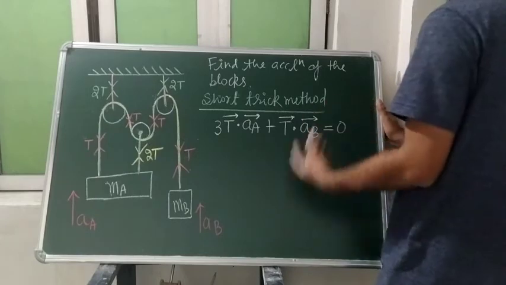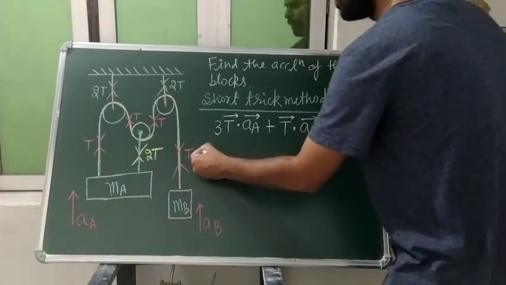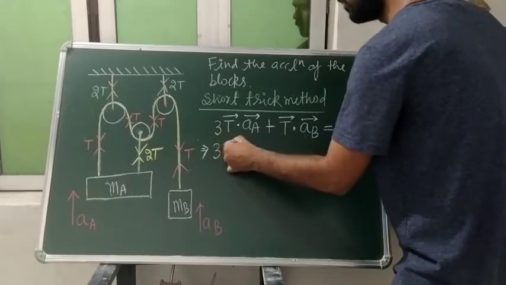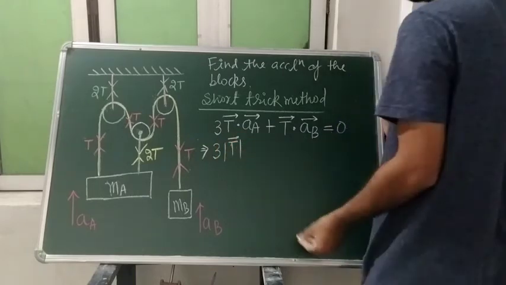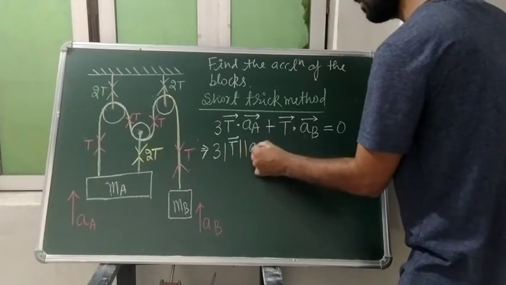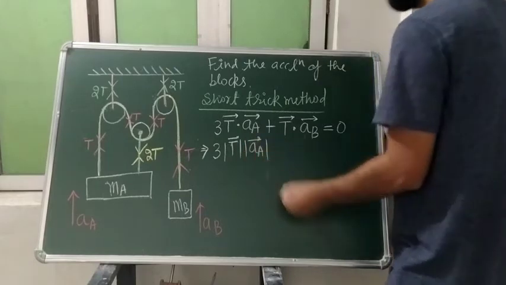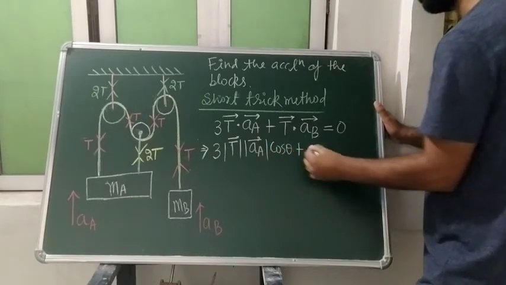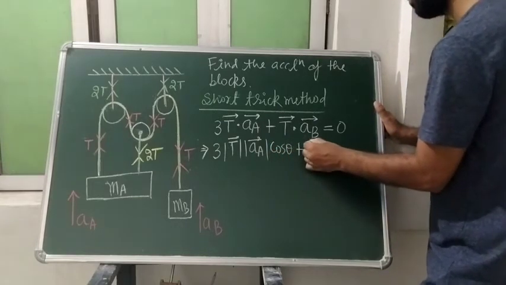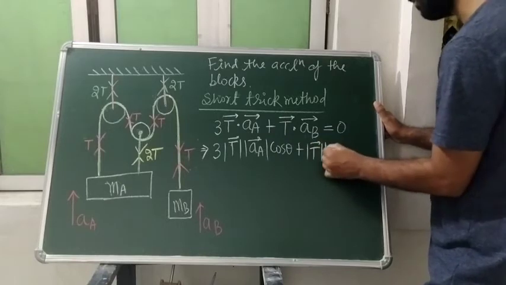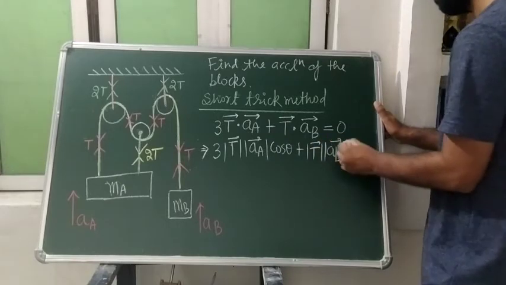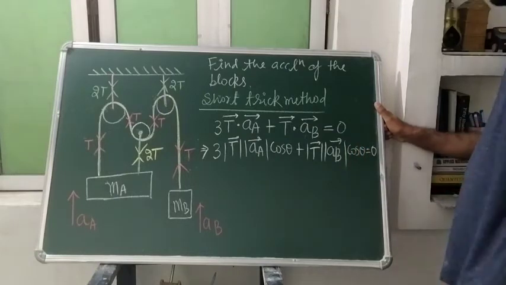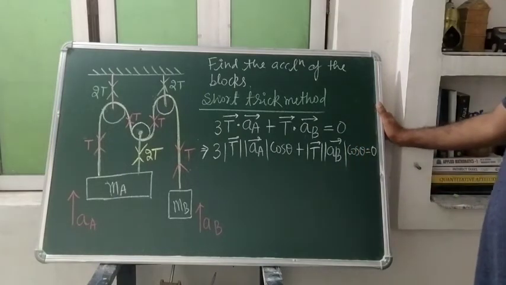So the short trick method will tell you this, and when will we remove the dot? The magnitude of this tension vector, the magnitude of this acceleration vector times cosine theta, plus the magnitude of this T vector, the magnitude of this AB vector times cosine theta, equals 0.